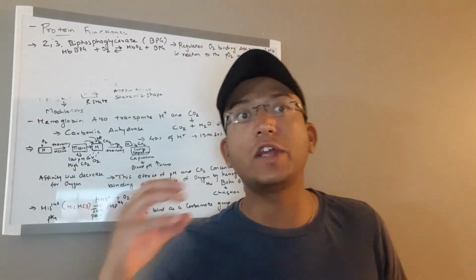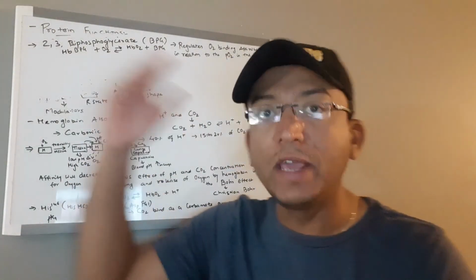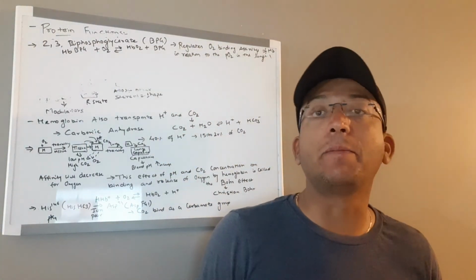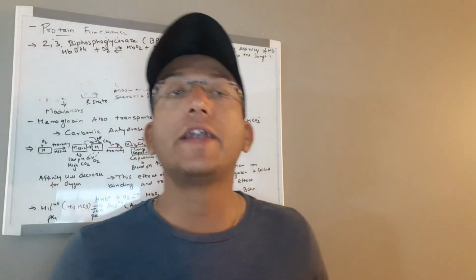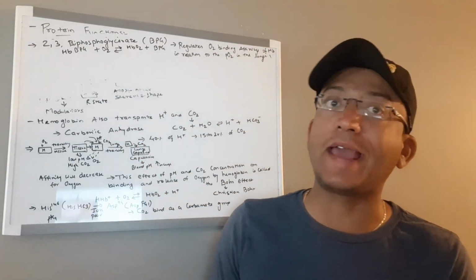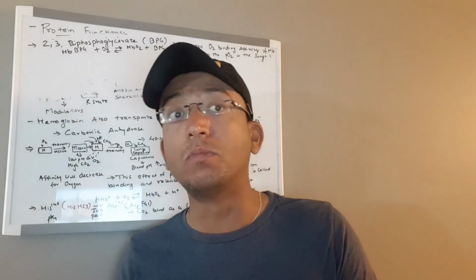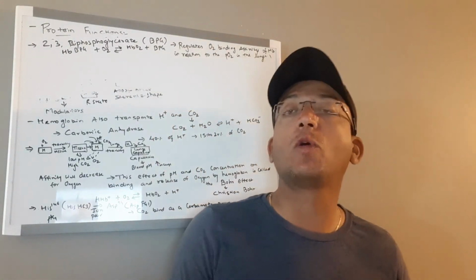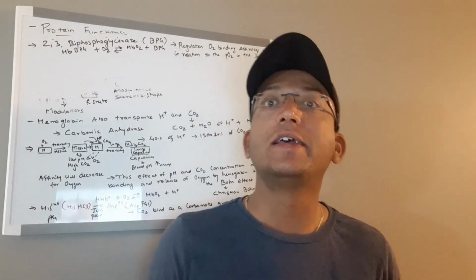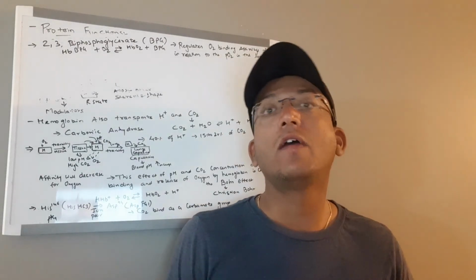Right, and this regulation of oxygen binding to hemoglobin by BPG has an important role in fetal development because a fetus must extract oxygen from its mother's blood. So the fetal hemoglobin must have a greater affinity than the maternal hemoglobin for oxygen.